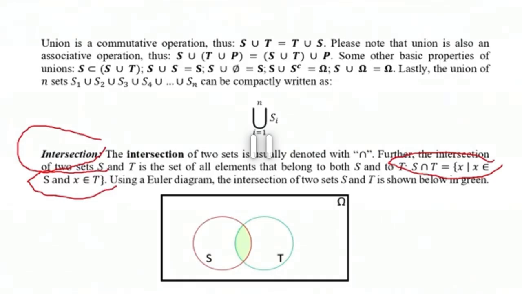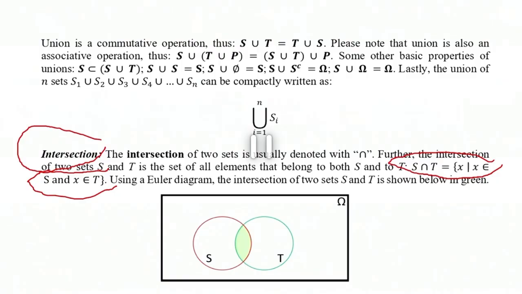S intersection T equals, you're going to write the set of x such that x is from S and x is from T. What is the difference between this and that of the union? The only difference is the conjunction used. The conjunction used for intersection is going to be AND, and the conjunction used for union is going to be OR.